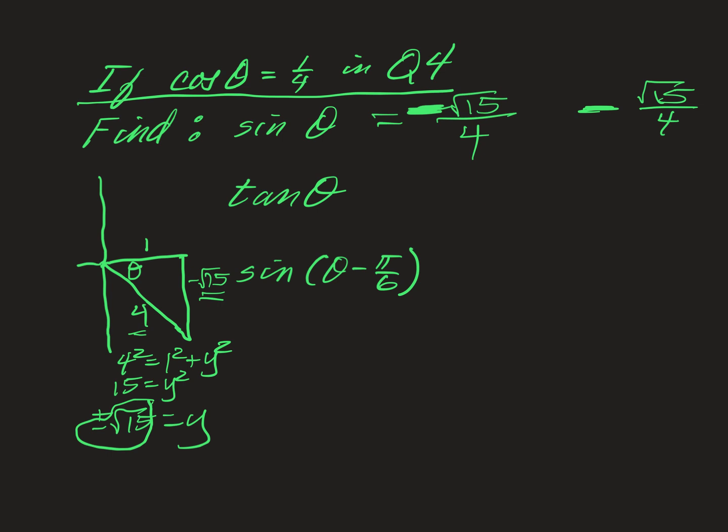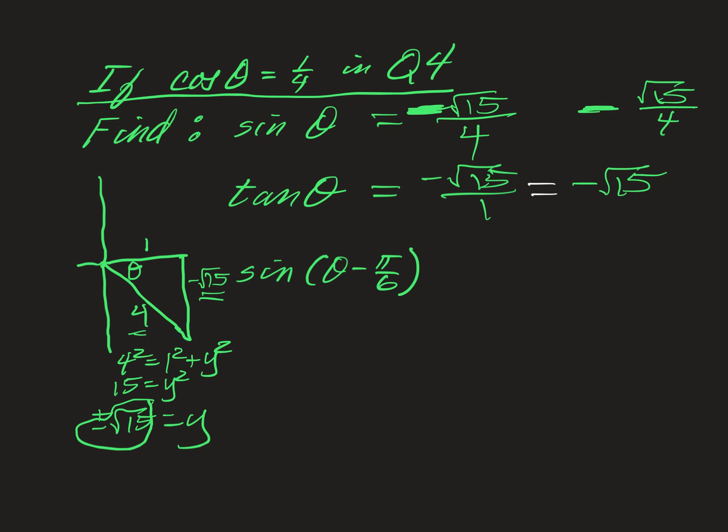The tangent of theta is going to be the opposite side over the adjacent, so negative square root of 15 over, excuse me, kind of blinked off on me there. I must have double clicked something with my thumb. So this will equal negative square root of 15.